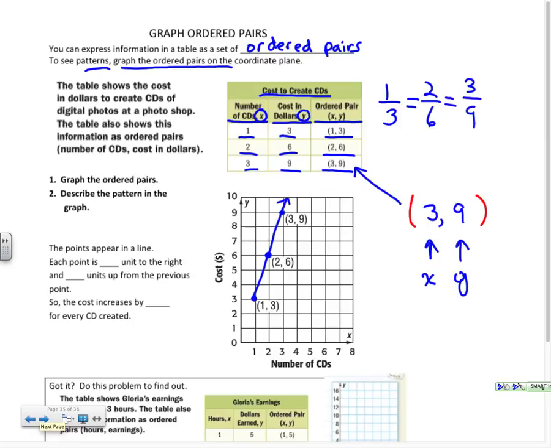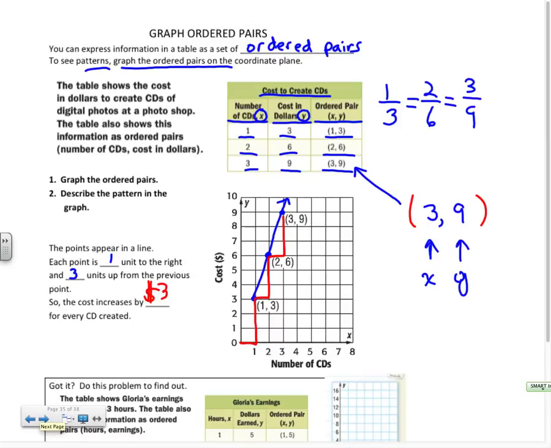It's a pretty steep line. Each point is 1 unit to the right and 3 units up from the previous unit. So every time you look, you're going over 1, up 3, over 1, up 3, over 1, up 3. That's the pattern. So the cost increases by $3 for every CD created.